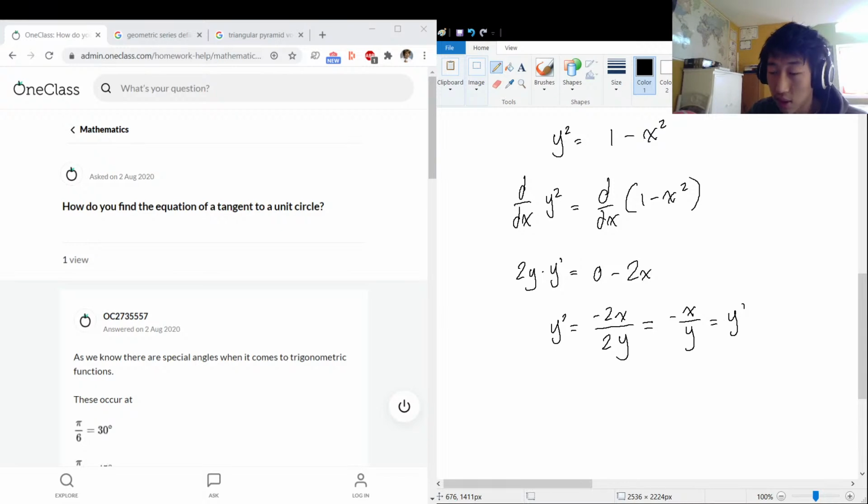Okay, so that's going to be the slope of the tangent line of a unit circle.